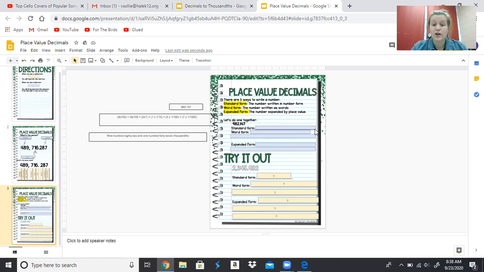So we've really got to work on not saying "and" when we say 982. We've got to say 982 and 147 thousandths, okay? So when we write that in standard form, it's just the number, right? It's just how we would write it normally. When we write it in word form, we write out the words like you can see right here, 982 and 147 thousandths. And that thousandths has that THS because it's our decimal. So that is our word form.